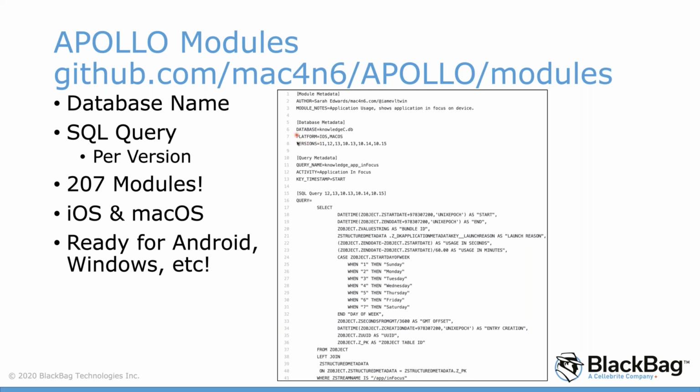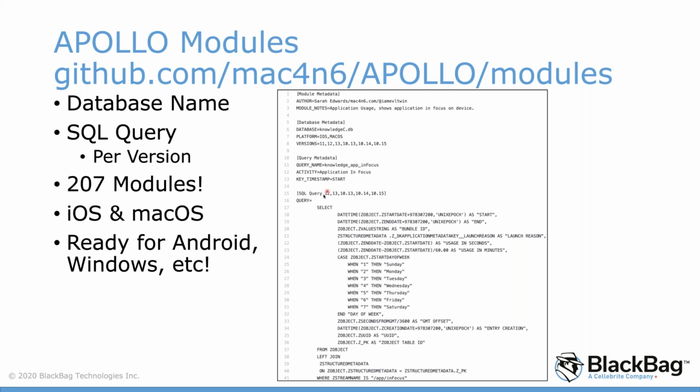The versions, so platforms and versions here. With this introduction of a lot of the macOS plugins, these are relatively new. They only came out in about the last month, 1 to 2 months or so. You're going to see platforms for iOS and macOS, and a lot of the times the queries can be run on each platform. Sometimes Mac and iOS are very much the same, and sometimes they are completely different.